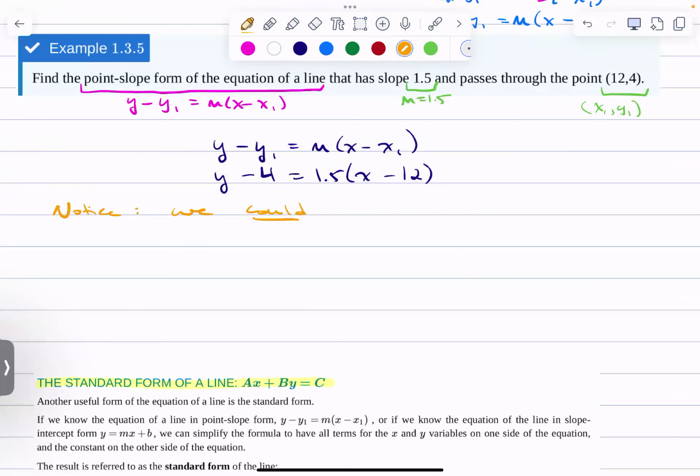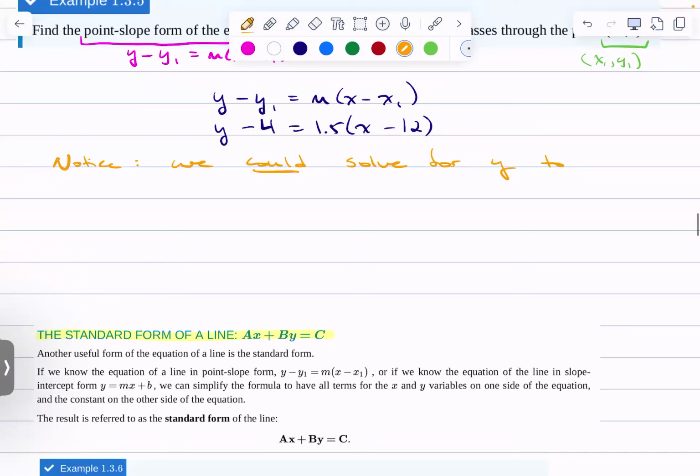Notice we could solve for y and rearrange into the form y equals mx plus b. We could solve for y to simplify into y equals mx plus b.